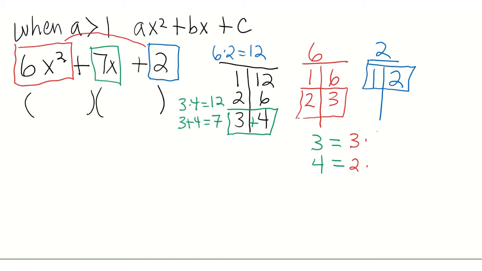Multiply the 3 by the 1. I'm going to get 3. When I multiply 2 by 2, I'm going to get a 4.